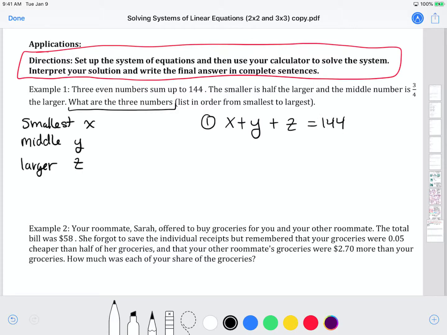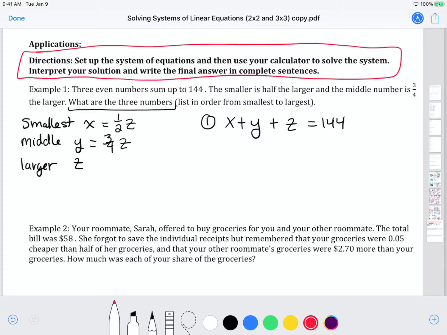The next clue says the smaller number is half the larger number. Since the larger number is z, the smaller number is going to be half of z. It says the middle number is 3/4 of the larger number. So y is going to be 3/4 z.